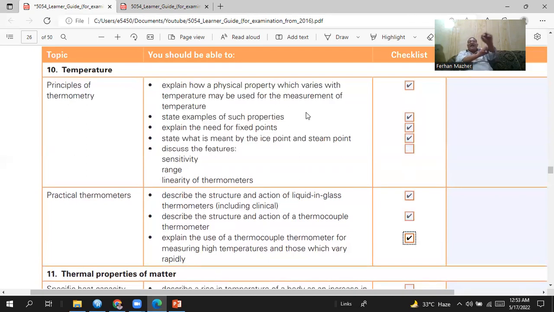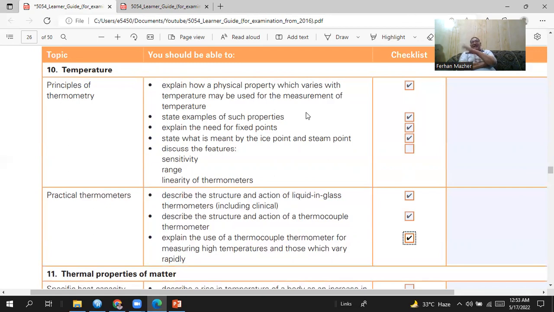What does this mean? L theta means the length of the mercury at an unknown temperature. L naught means the length of the mercury when the temperature is 0. L100 means the length of the mercury when the temperature is 100.